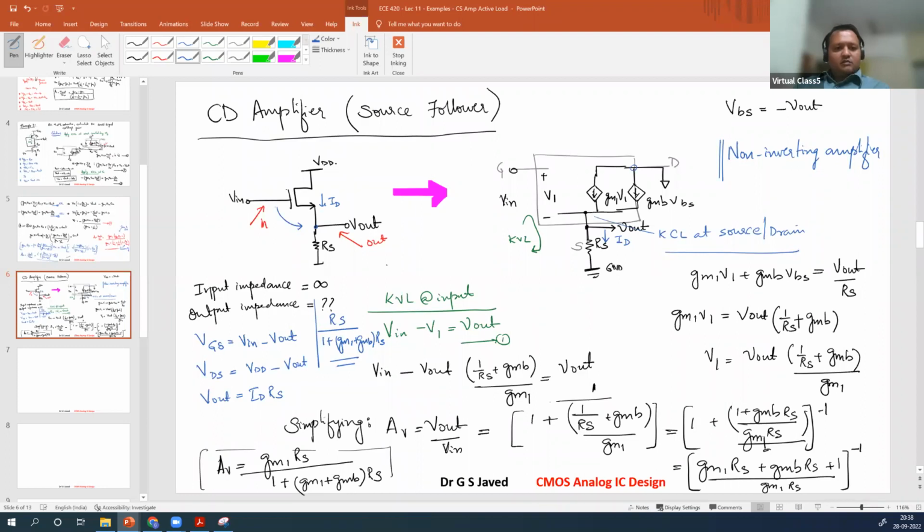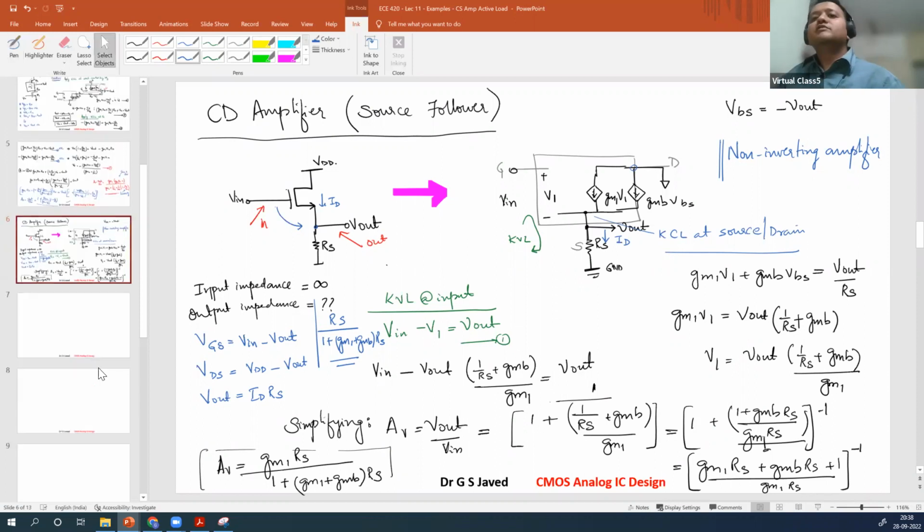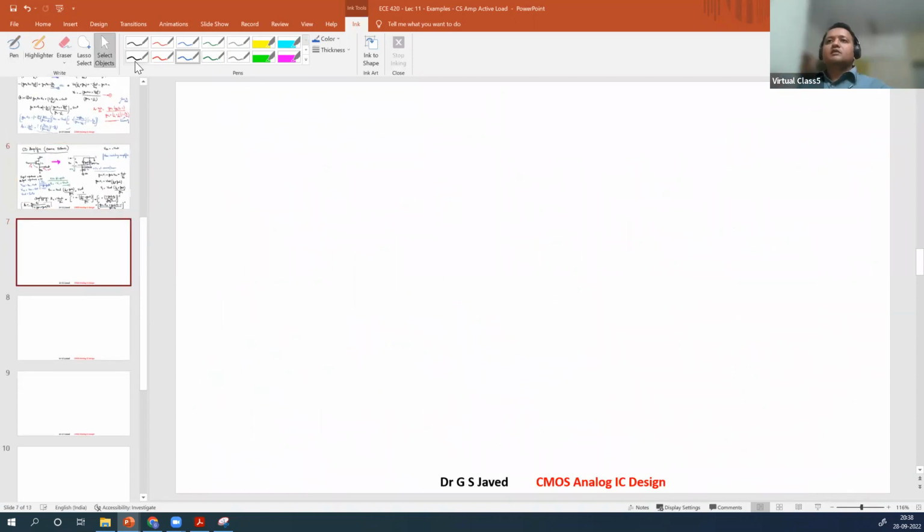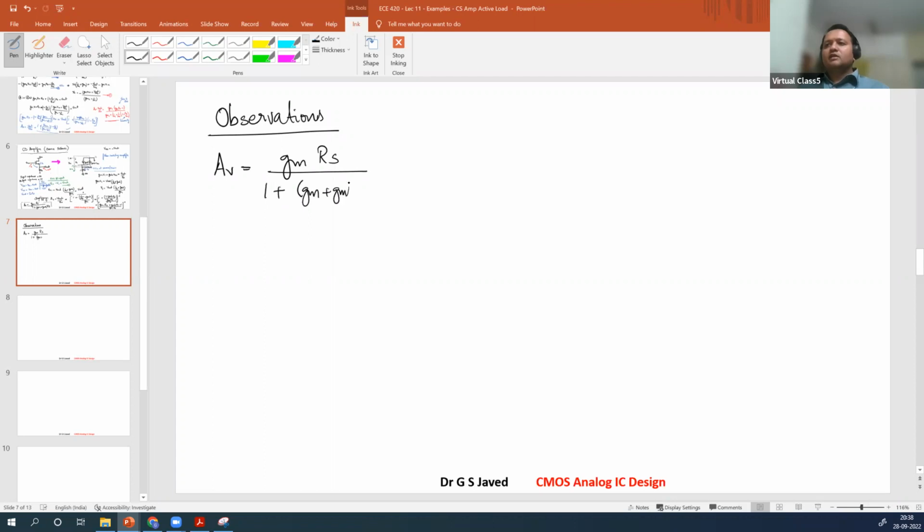Let us see what the observations are. Av is equal to gm RS divided by 1 plus (gm plus gmb) RS.